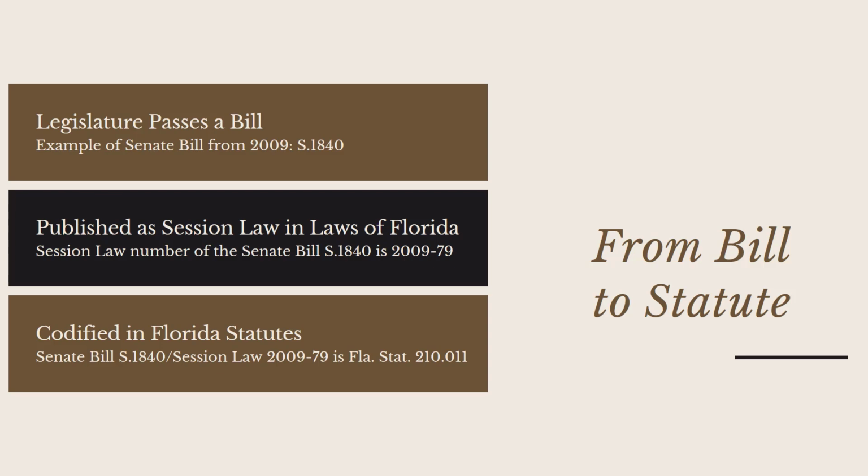Once it's passed, it's published as a session law in the Laws of Florida, and the session law number of Senate Bill 1840 was 2009-79, so that's the second number. And then we have the codification in the Florida Statutes. So 1840 turned into 2009-79, and then it becomes Florida Statute 210.011.